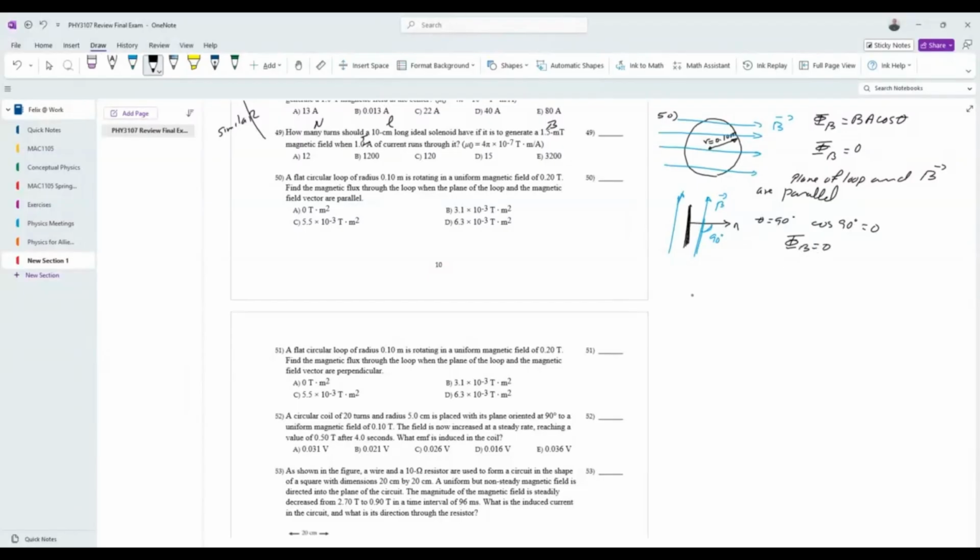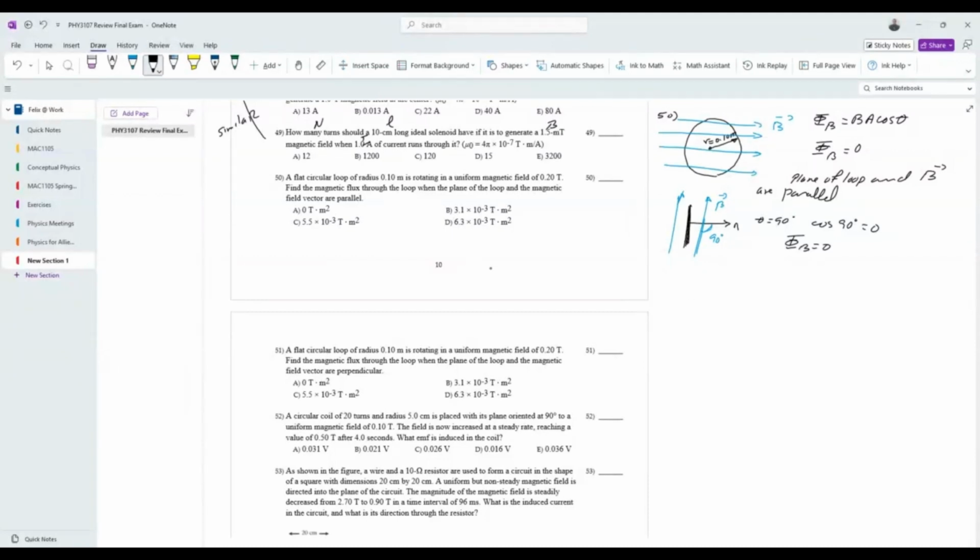But it's common sense. If the magnetic field lines are parallel to this plane, there are no magnetic field lines crossing the plane of the loop. And magnetic flux is a measure of the magnetic field that goes through that plane, through the area of the plane. So in that case, the magnetic flux is 0.